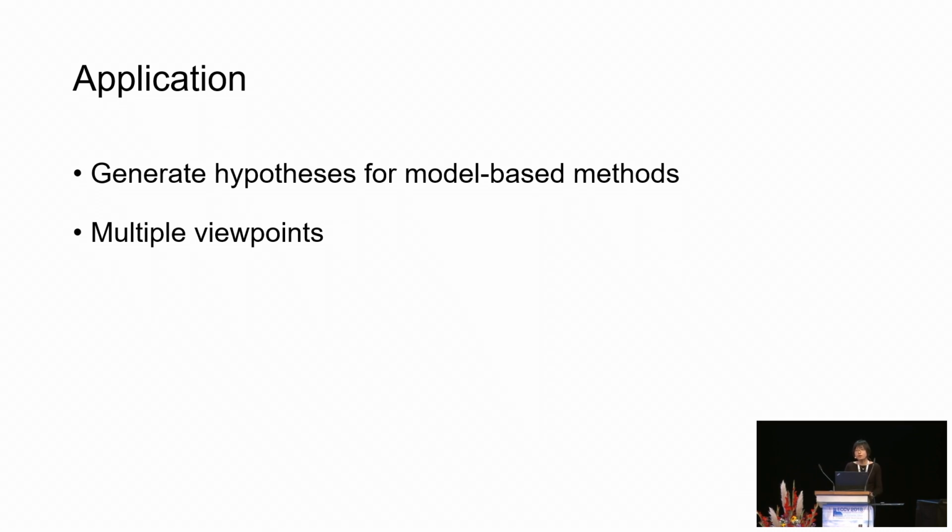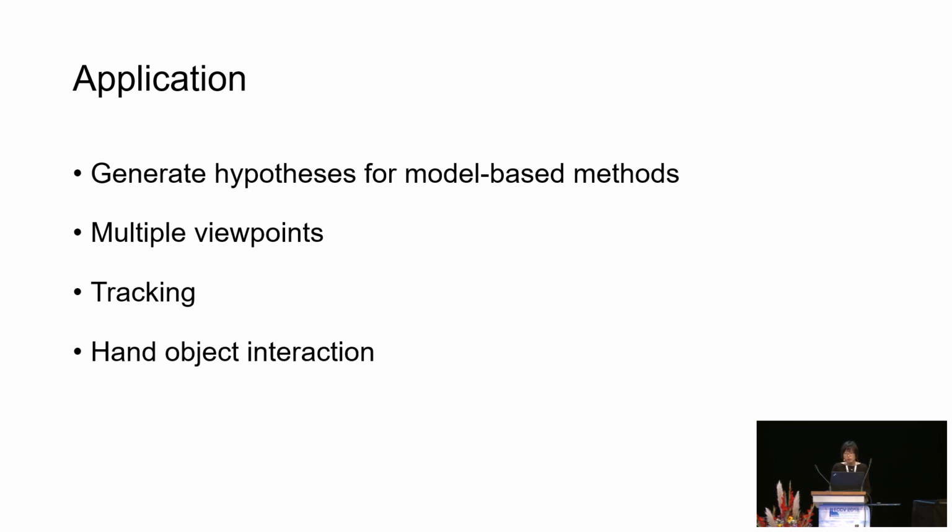For example, for this viewpoint you may have a Gaussian like this, and for this viewpoint a Gaussian distribution like this, and the intersection will give a high response. We can also use the motion information in the video and incorporate constraints from objects when the hand interacts with objects, combining them with this distribution to finally fix the occluded joint locations.